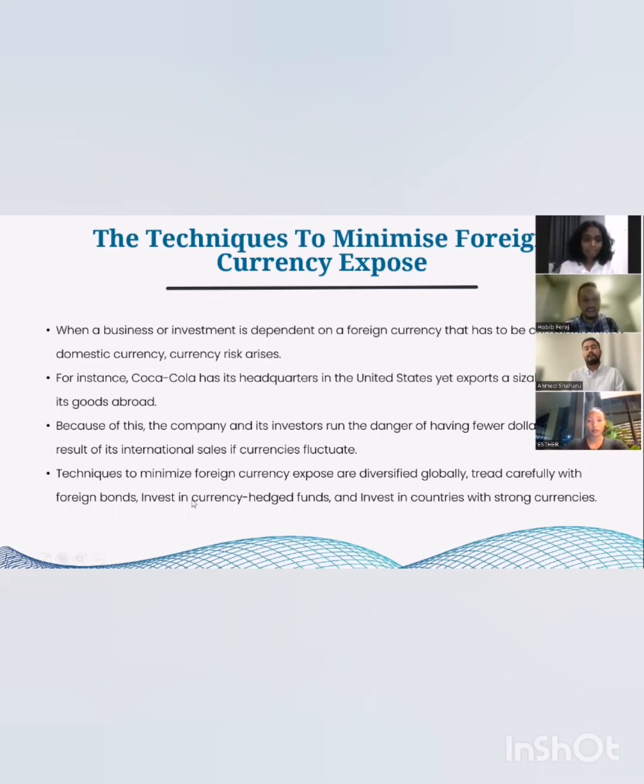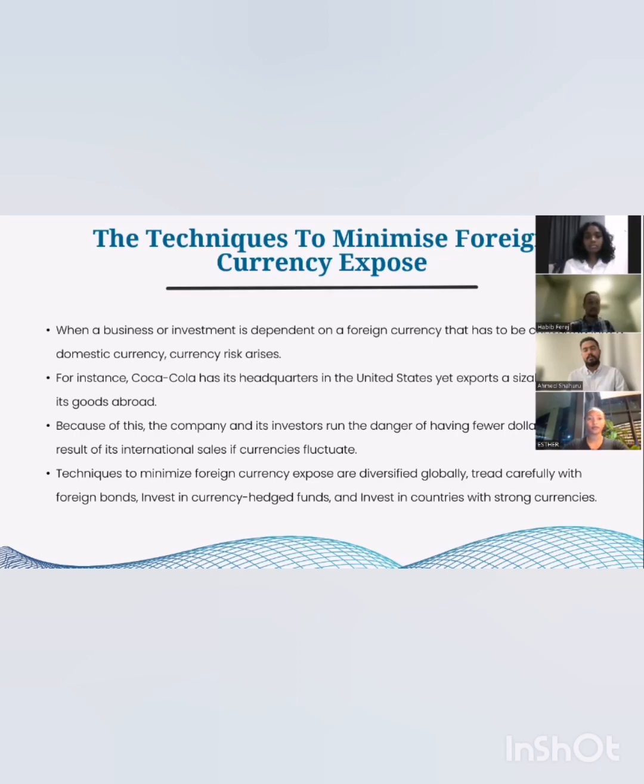Thank you, Joanna. For my part, I will start with the techniques to minimize foreign currency risk. When a business invests in a foreign currency, it must be converted to domestic currency, and that's when the currency risk occurs.